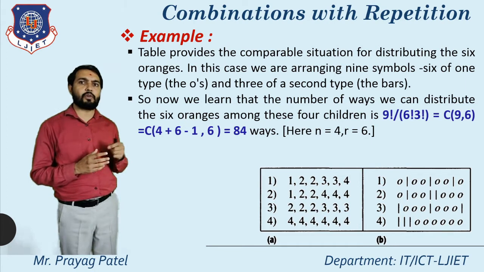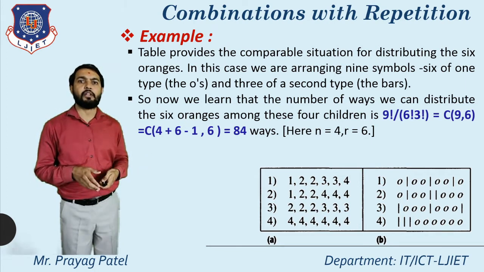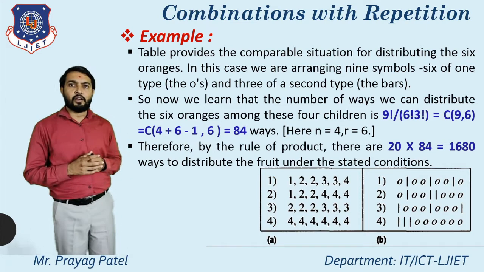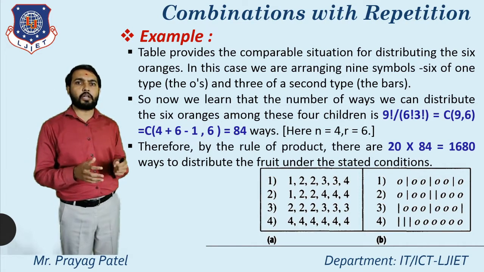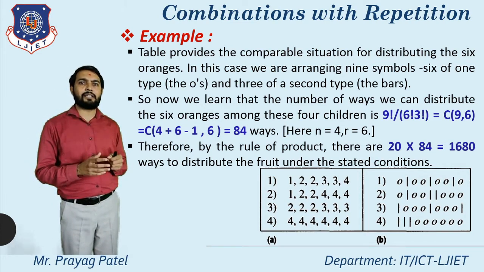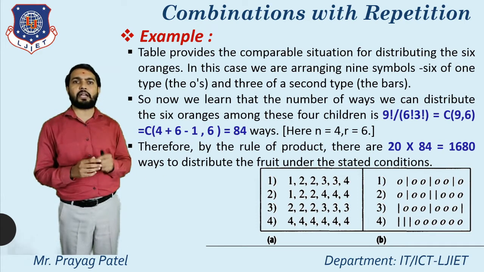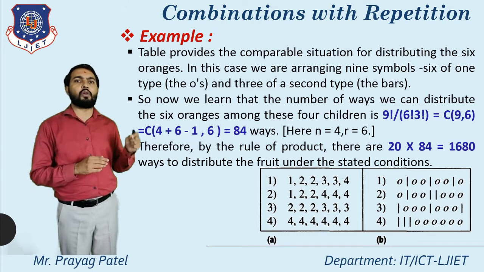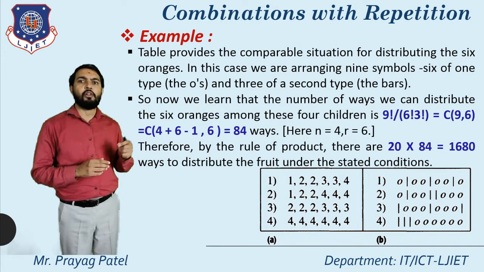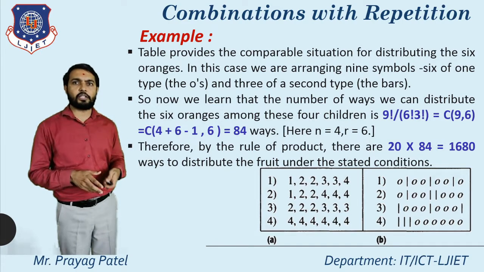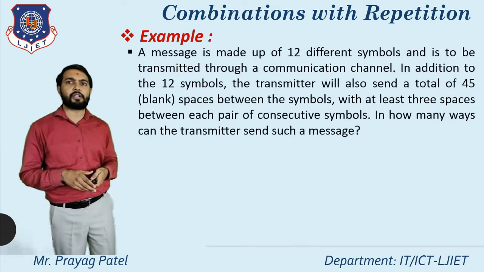So that equals 84 ways for giving the oranges to children. Now the total combinations possible are 20 for the banana and 84 for the orange. So 20 multiplied by 84 is equal to 1680 ways to distribute the fruits under these situations. So this is a simple example of combinations.